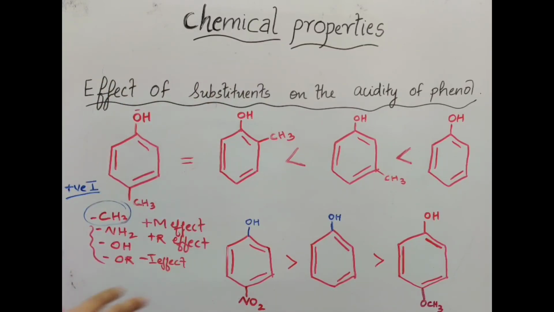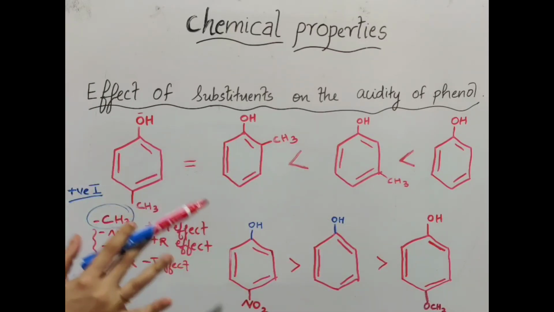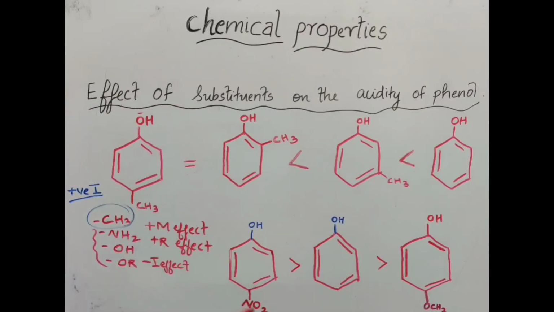Okay, it increases the acidity of the phenols. All of you got it? Hence groups like NH2, OH, OR, when present in meta position, increase the acidity of phenols due to minus I effect.